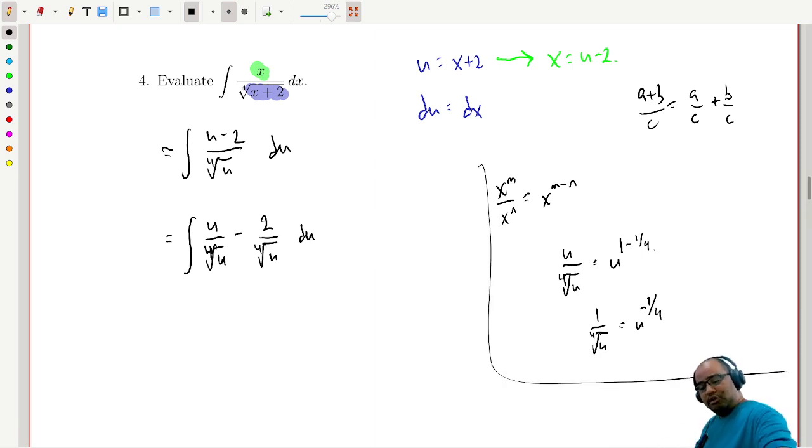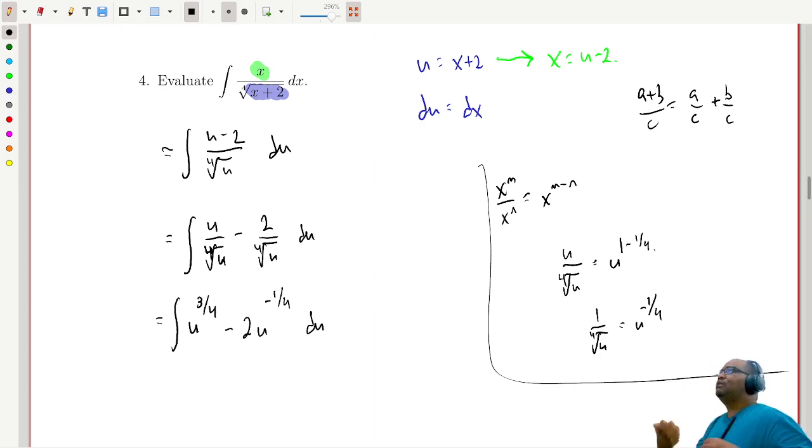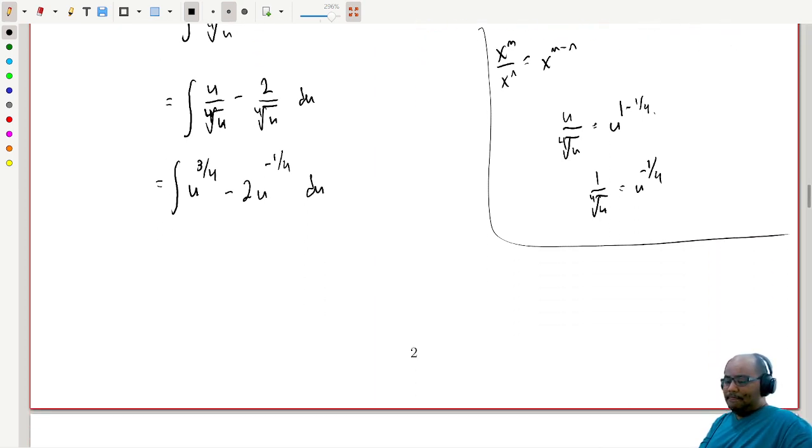All right? So when we do all that stuff, I'm going to go ahead and leave it to you to verify. We'll have the integral of u to the 1 minus 1/4, that's 3 over 4, minus 2 times u to the minus 1 over 4. And now we're right back to the power rule.